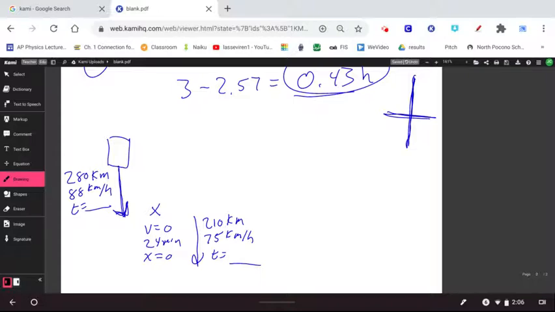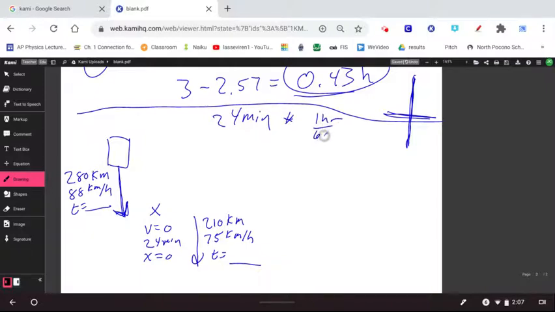But if it's just a case like this, it makes the most sense to change that 24 minutes into hours. So 24 minutes times 1 hour per 60 minutes gives us 0.4 tenths of an hour.